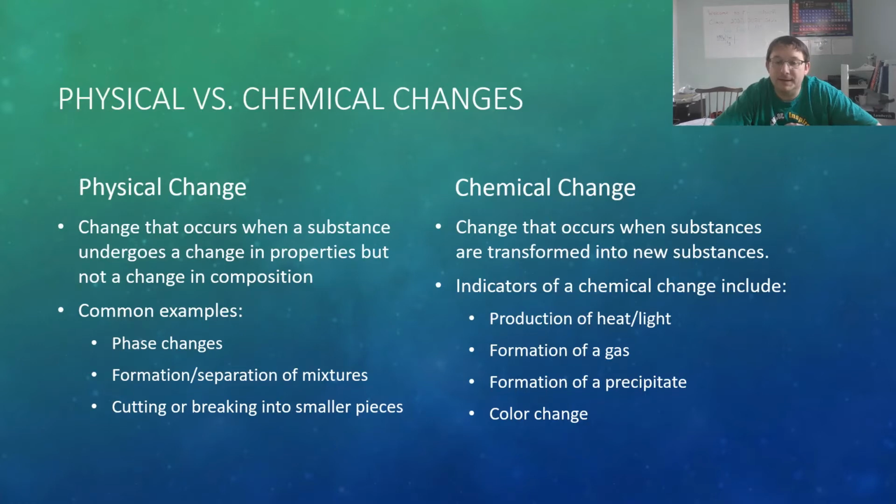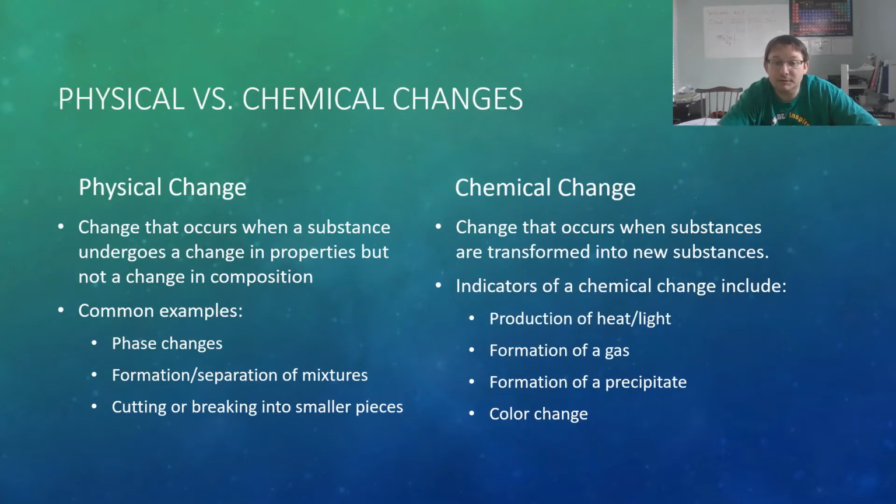Sometimes that substance that a single replacement reaction produces could be a gas or a liquid in the case of something like bromine. So, formation of a precipitate, a solid that forms from solution. And just keep in mind that not all mixtures of solutions will form a precipitate, which is something that we'll talk about in detail in another unit.